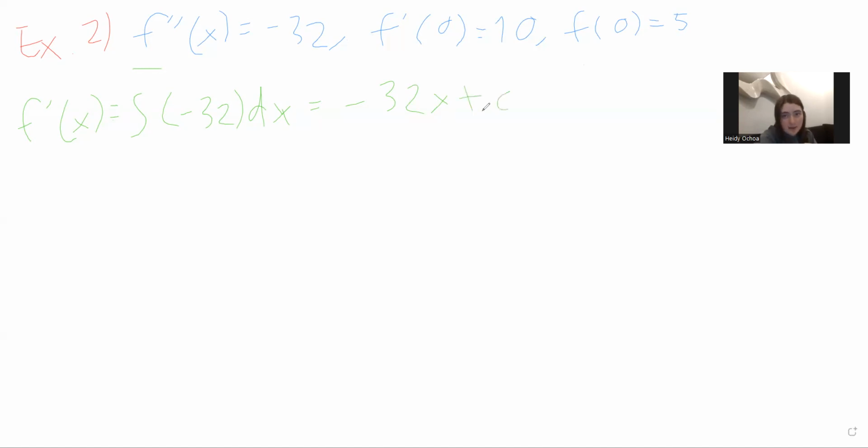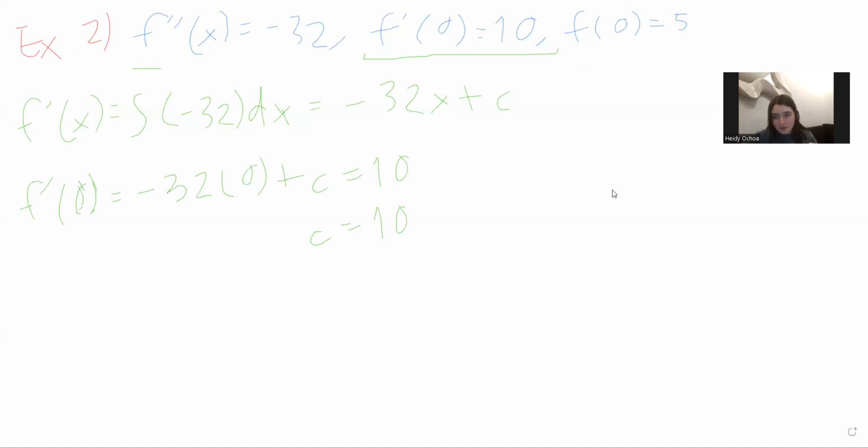Don't forget the plus c. And we know that f prime of 0 equals 10, so we solve for that. Minus 32 times 0 plus c equals 10. So 0 plus c equals 10. We know that c equals 10.